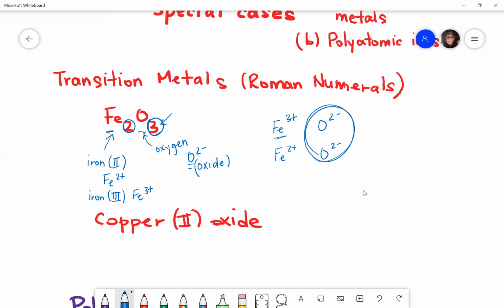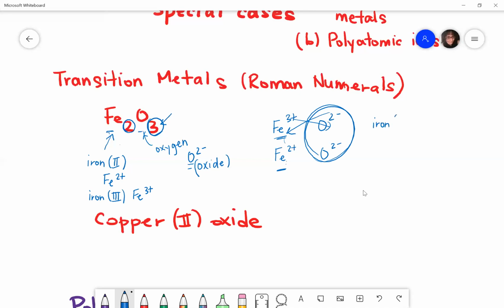But oxygen can only have been one of these combinations. So which one of your irons could it have been to give you a crossing over of the following? And remember as well from step 3 that your charges have to cancel out, to be neutral or be zero. So taking a look at your diagram here, or at your subscripts, whichever iron it could have been, it's probably iron 3.